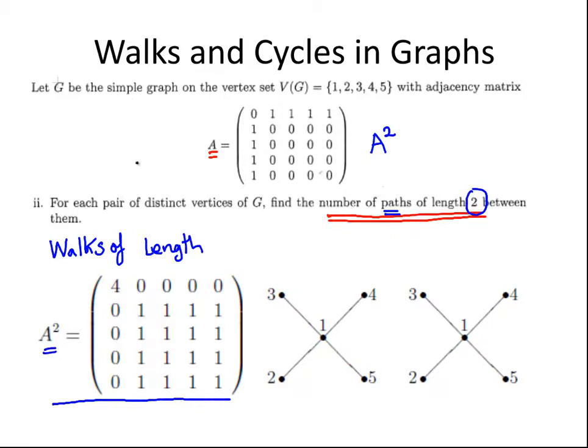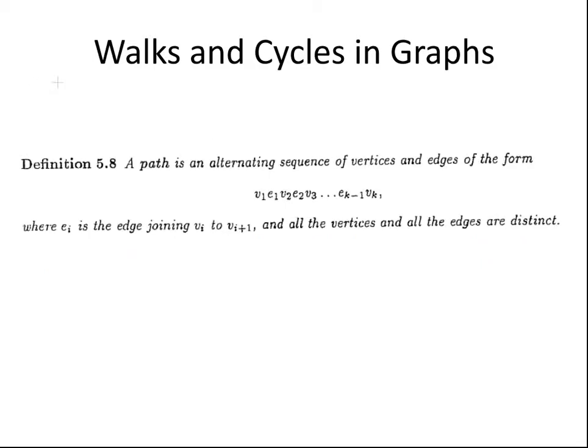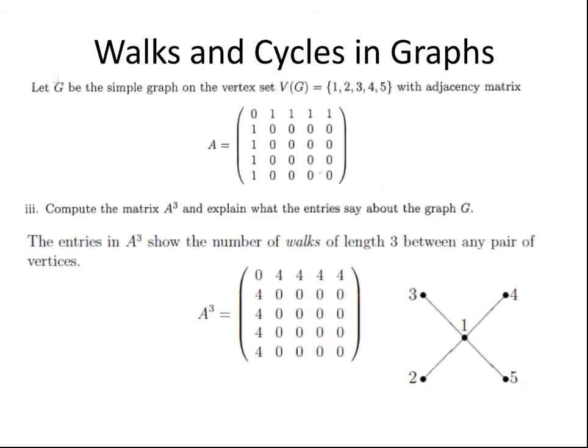Let's reacquaint ourselves with the definition of a path. A path is an alternating sequence of vertices and edges, and all of the vertices and the edges are distinct. That's an important matter here.